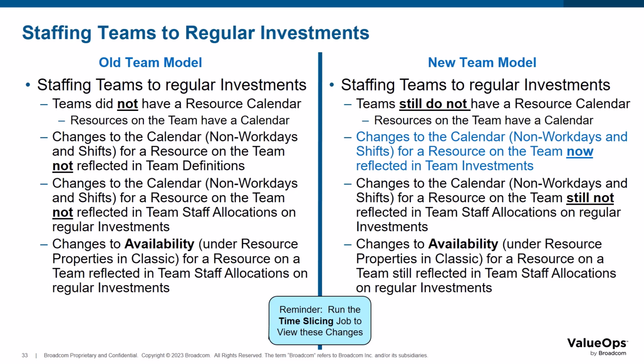For a resource on a team, if you made a change to their availability rate in Classic under Resource Properties, those changes under the old model were reflected in team staff allocations on regular investments. And likewise, those same types of changes are also reflected in the new team model in the team staff allocations on regular investments.